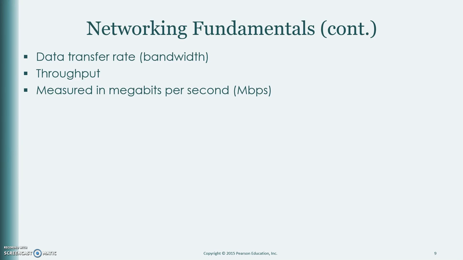When I ran a test, my throughput was actually more around 6 megabits per second, okay? So throughput, like I said, it's always going to be either equal to or lower than the data transfer rate or your bandwidth rate, right? So make sure you know the difference between bandwidth and throughput, or your data transfer rate and throughput, okay? Because those are the same things.